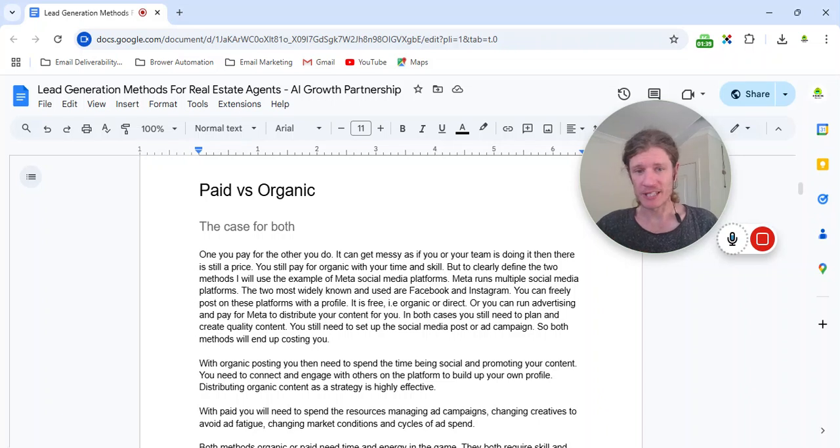The only real difference here is that your distribution in one is paid and the distribution in the other is your or your team's time, essentially. So they're both going to cost you. They're both going to require resources.